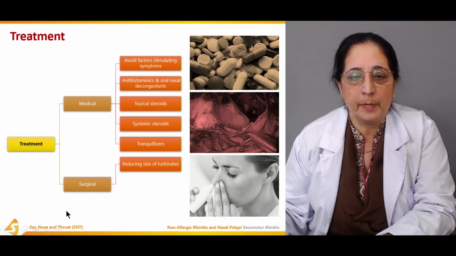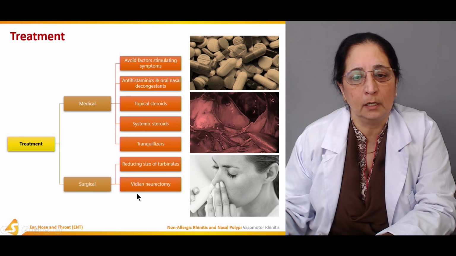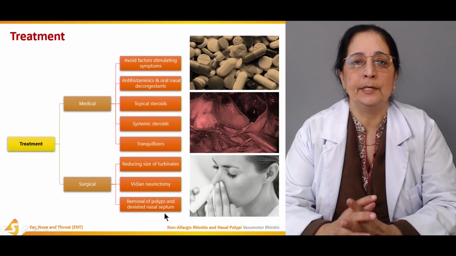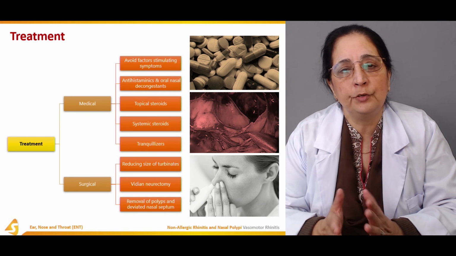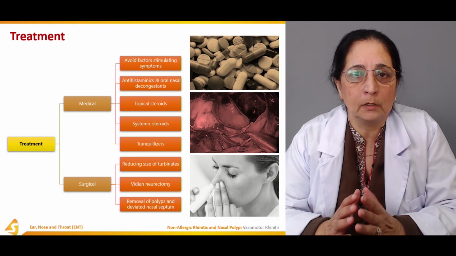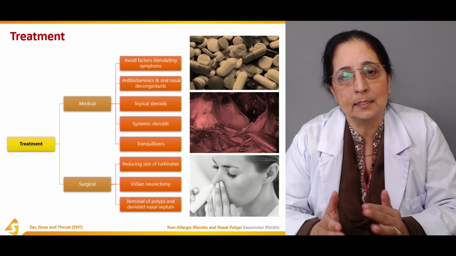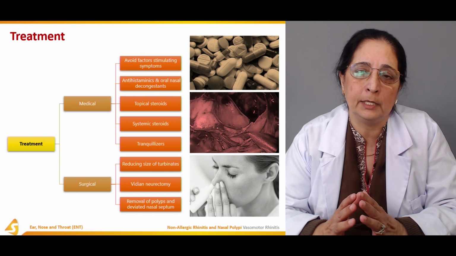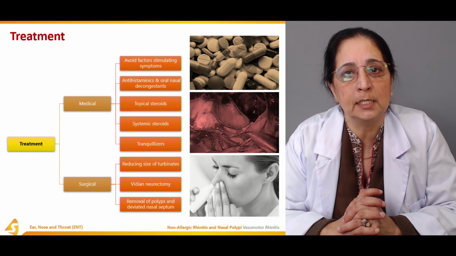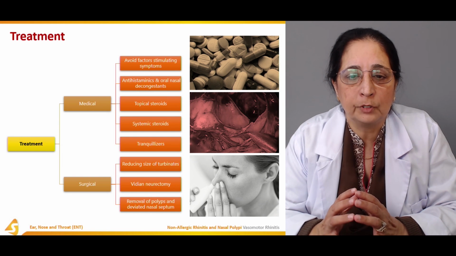Then surgical treatment is reducing the size of the turbinates, neurectomy, and removal of polyps and DNS, deviated nasal septum. So surgery is mainly needed if there is DNS or if polyps develop as a result of the complication, then they should be removed, and then neurectomy, and then reduction in the size of the turbinates. That's the surgical management of vasomotor rhinitis.